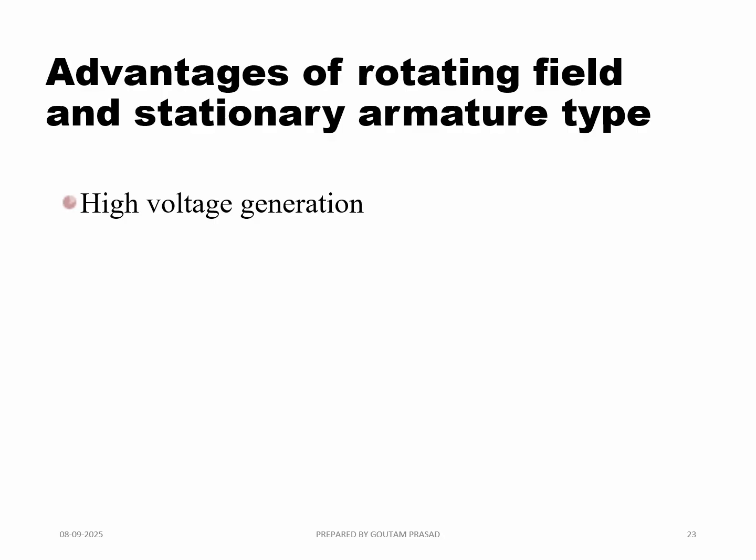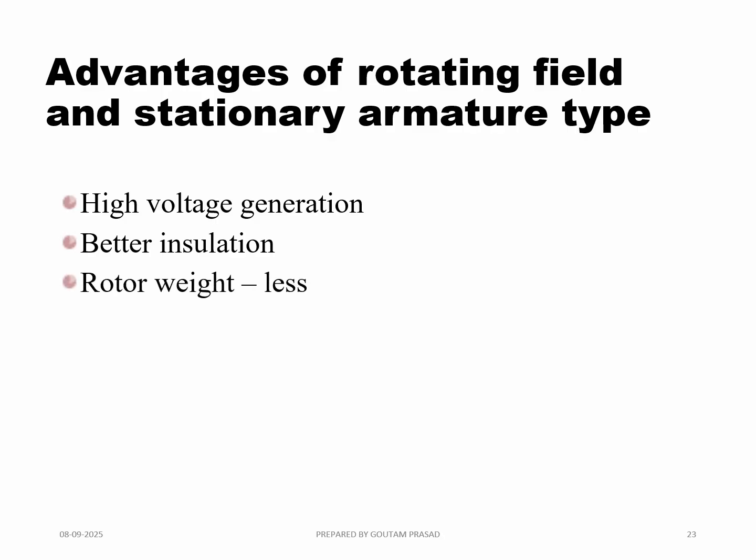Also, there are better insulation requirements, as you are not having any moving part on the armature side, so the insulation requirement is less. And on the pole side, that is the rotor side, the insulation requirement is less because the voltage level is less. Excitation voltage is very low and limited to 250 volt DC.